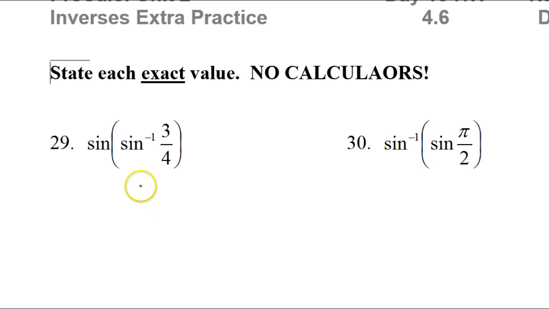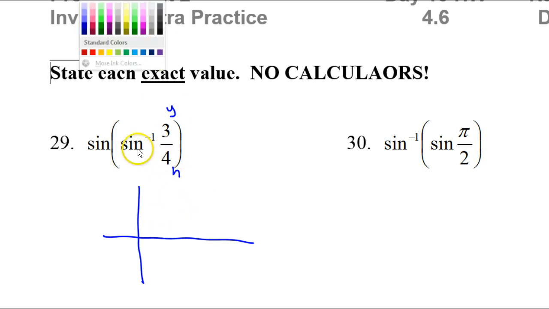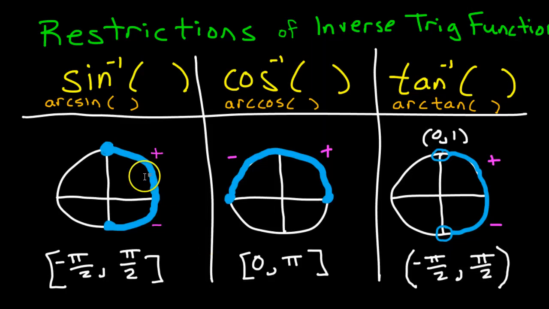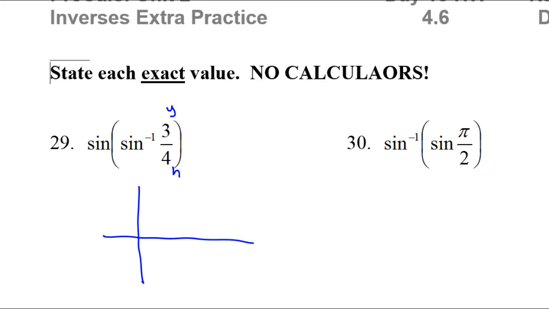We could draw a picture of this if we wanted to. We could draw the angle whose sine is 3/4 if we remember that sine is opposite over hypotenuse. So that's like y over h. Inverse sine is only allowed to be in the first and fourth quadrants.